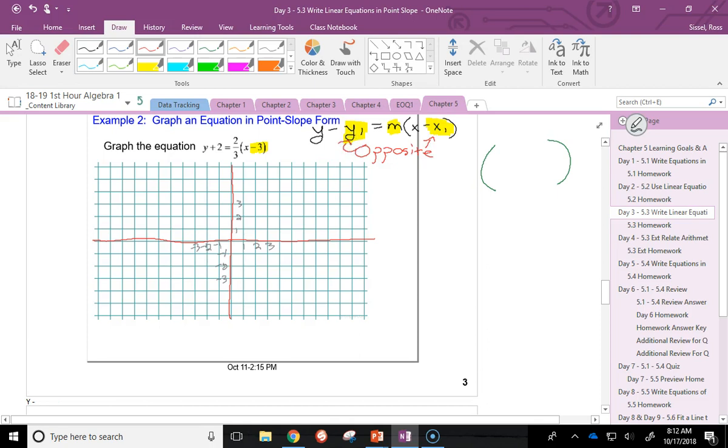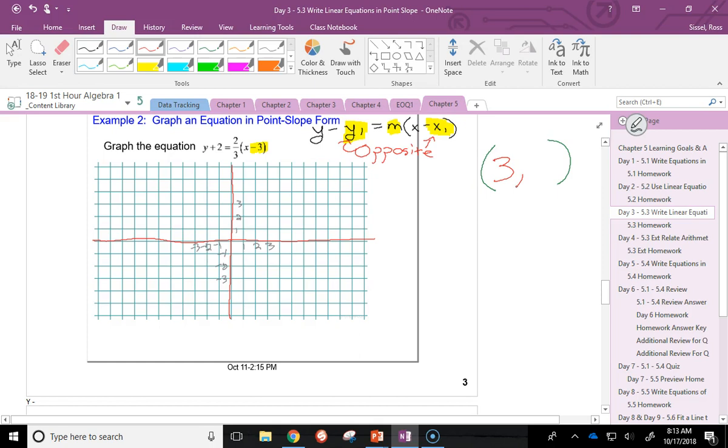So if I do this, my x coordinate listed, the x1 that we highlighted, says it's negative 3. So what is my x coordinate actually going to be? Positive 3. What does it say right now?